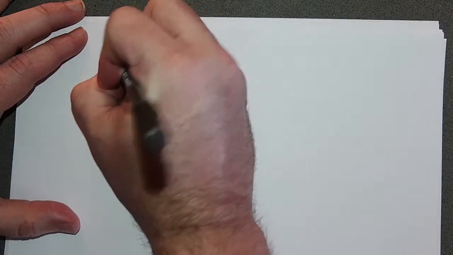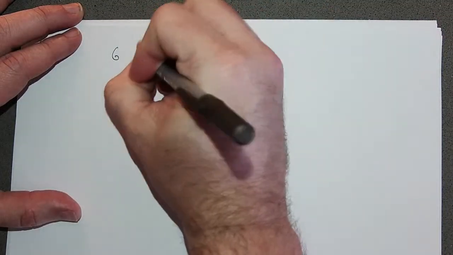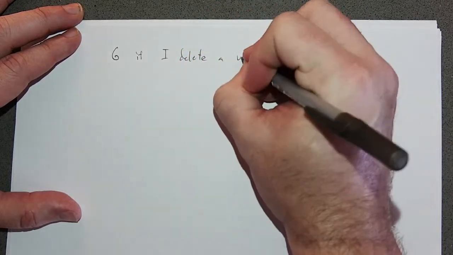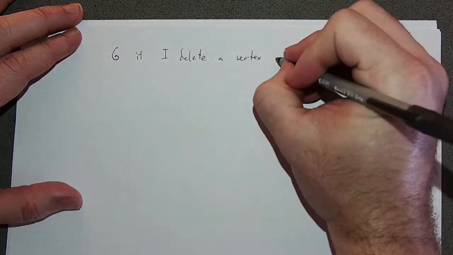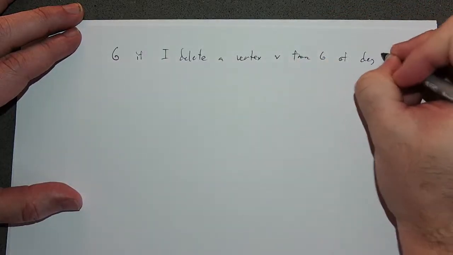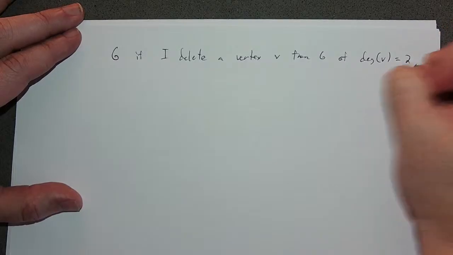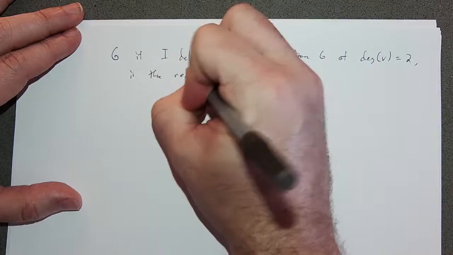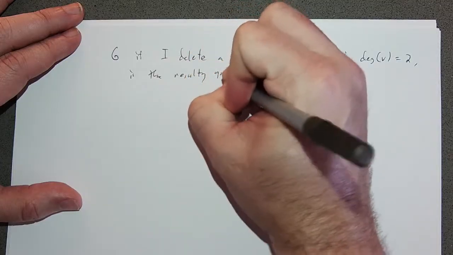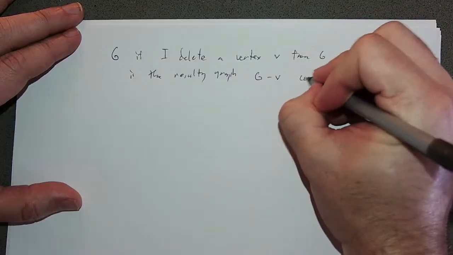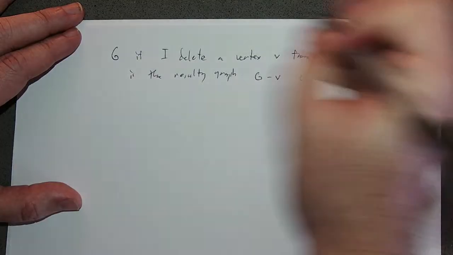So graph G has some number of vertices. If I delete a vertex V from G of degree 2, is the resulting graph G minus the vertex V connected? We'll say we started with a connected graph.